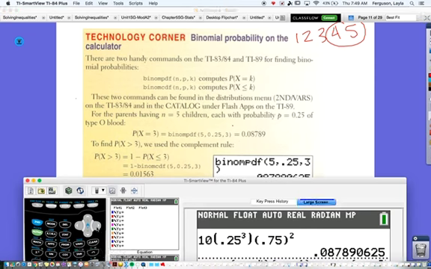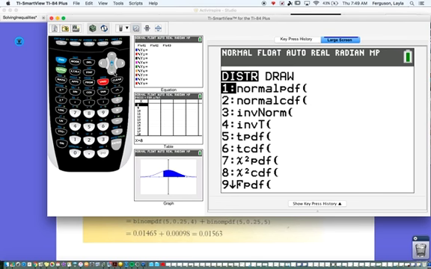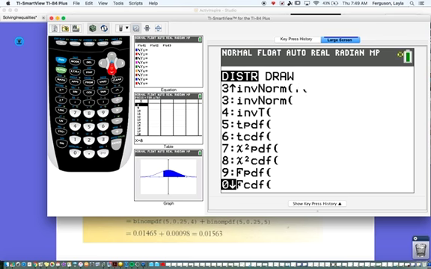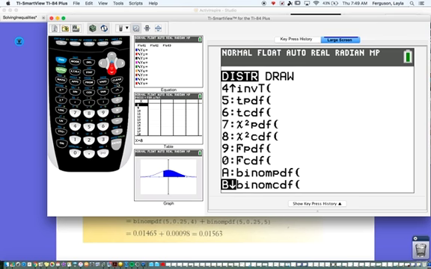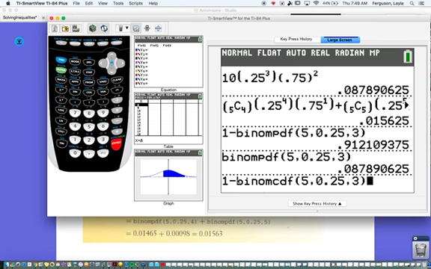So to do that one, I would say 1 minus second vars. Go through this list until you get down to the letters, and it should be B. And you can also do alpha and then B, and that should take you there as well. So binomial CDF trials would be 5, probability would be 0.25, X value would be 3, and then paste.